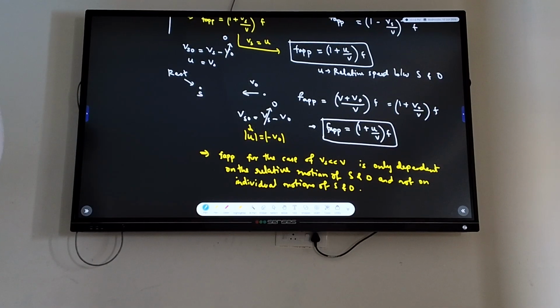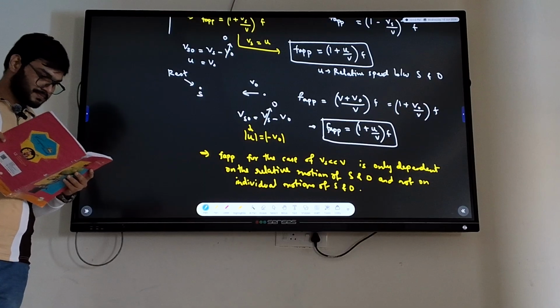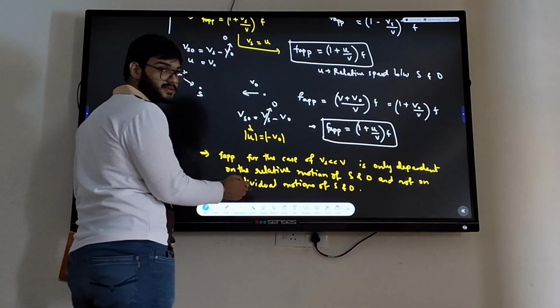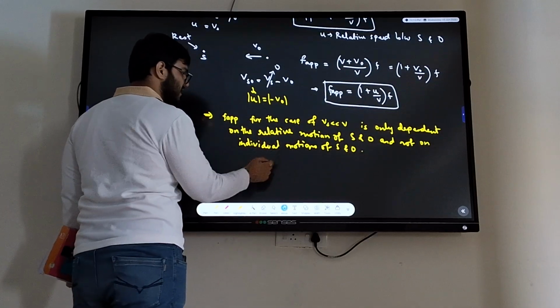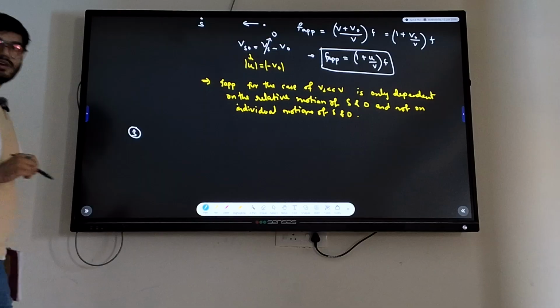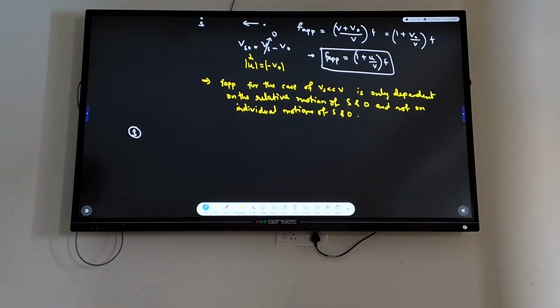And the third one is, yes. The third one, should I write it? I think this was raised yesterday as well, but let me write it as a point now. That Doppler effect, or the F apparent frequency that you hear, only depends on the velocities.